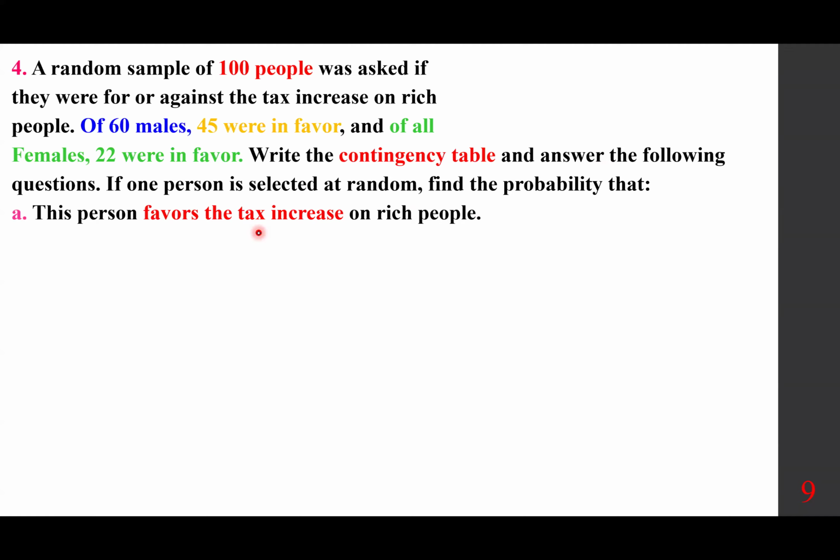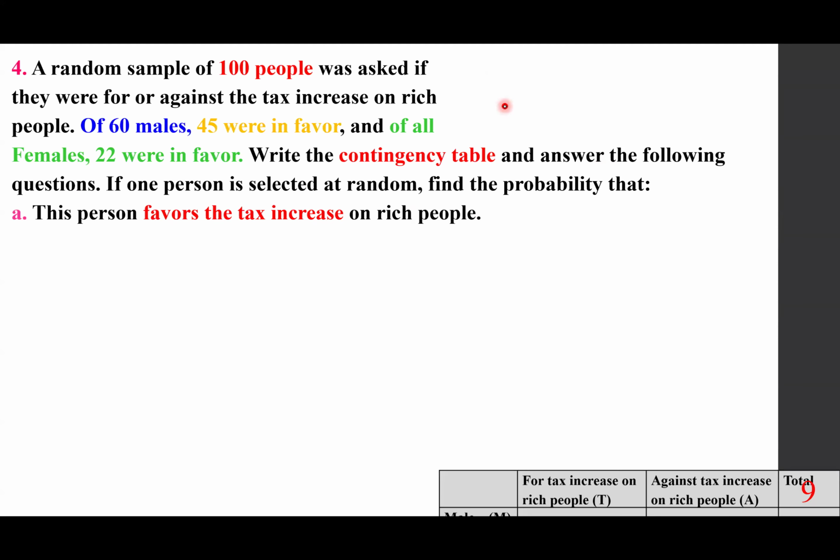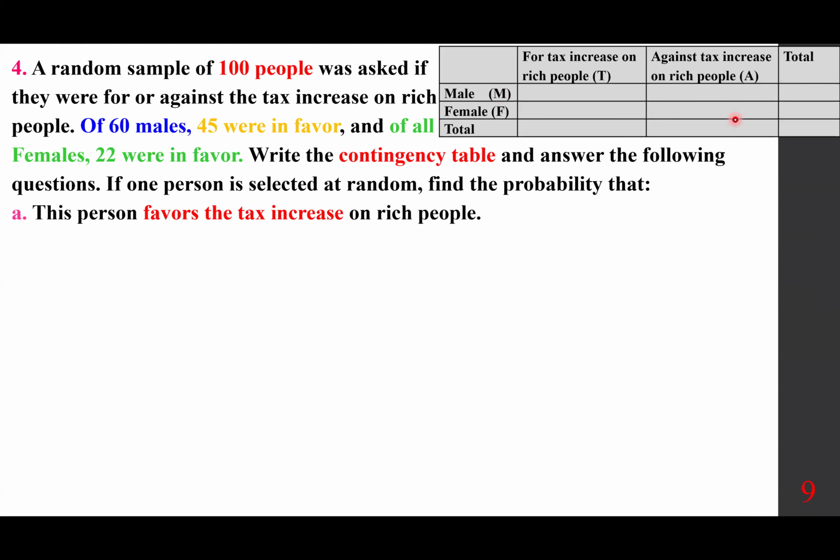So here's the contingency table. We have a total of 100 people. We have male, female, those who are for and those who are against the tax increase. So a contingency table looks something like that.